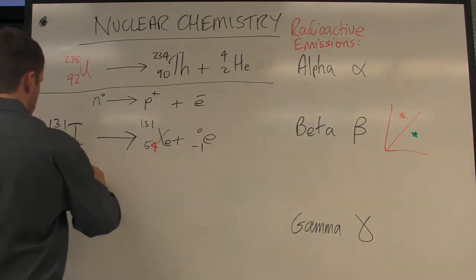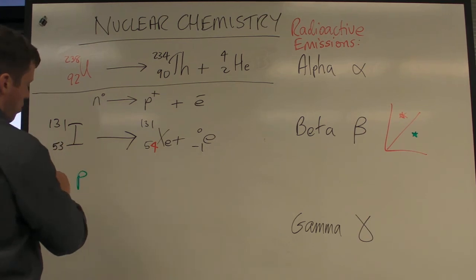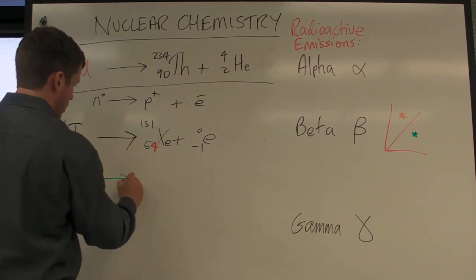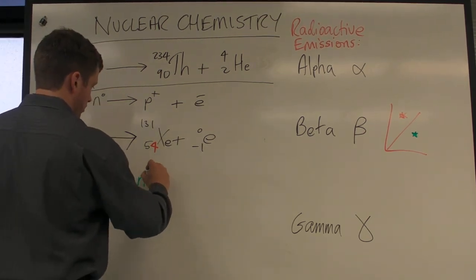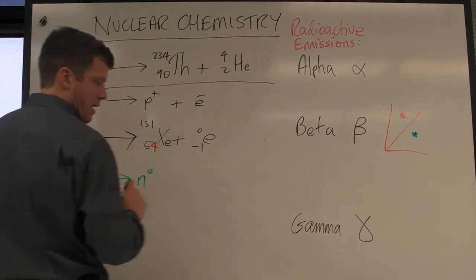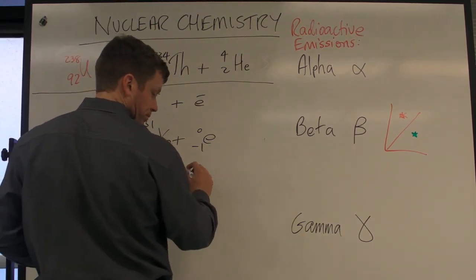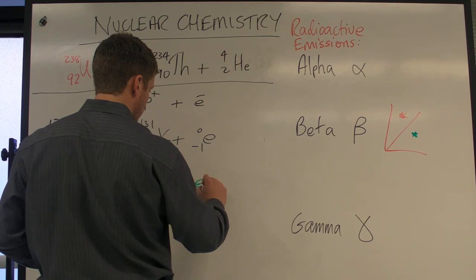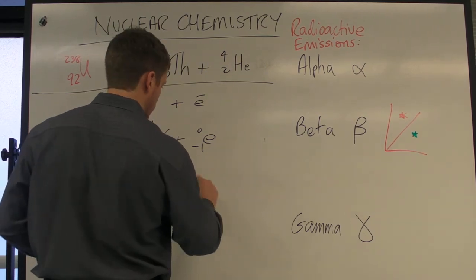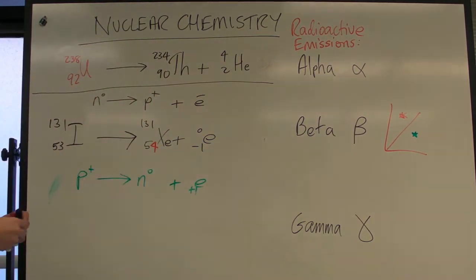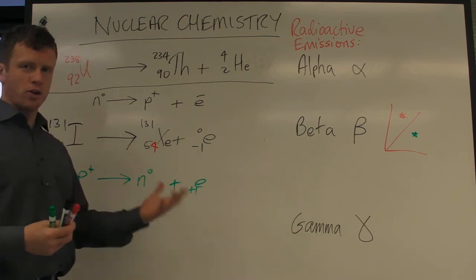So in this case, a proton splits into a neutron and something called an antimatter electron, or a positron.